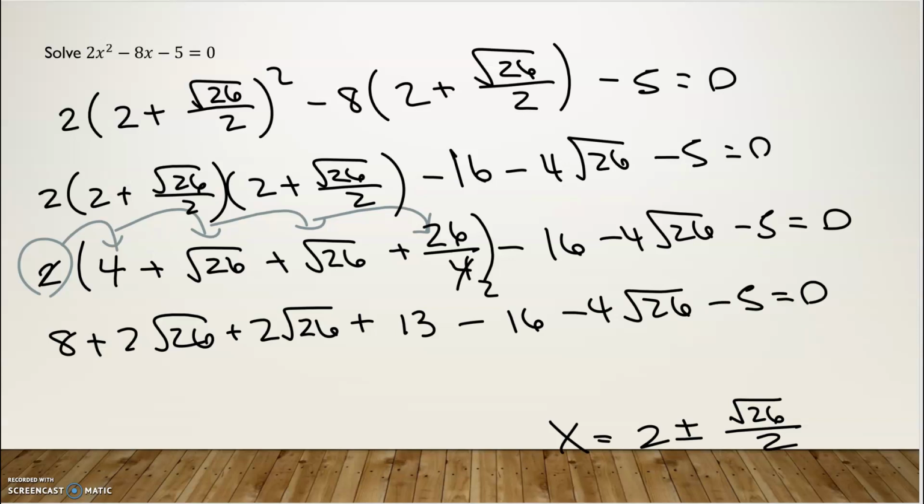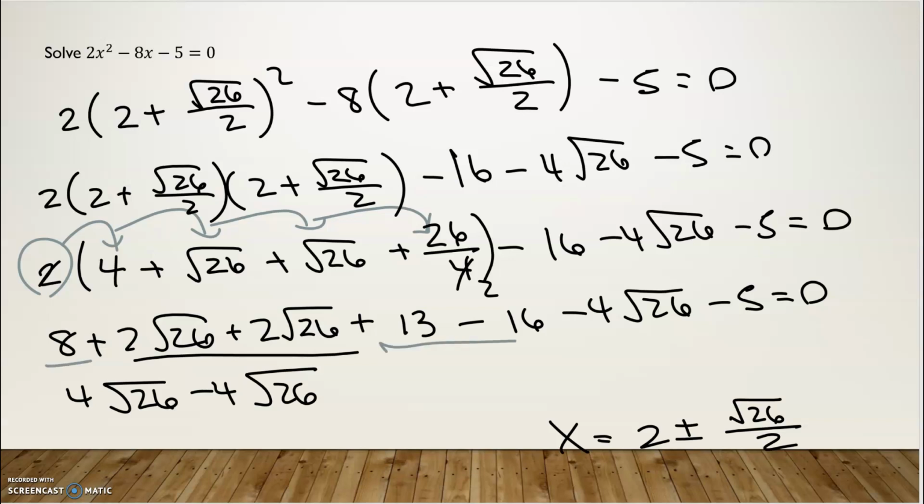And let's see, we'll clean up just a little bit. Combine these two, so 4 square root of 26 minus 4 square root of 26. Combine this 8, this 13, this 16, and this negative 5. Well, hey, all that equals 0. These cancel out, so 0 equals 0.